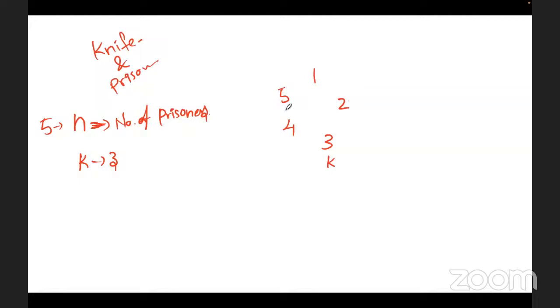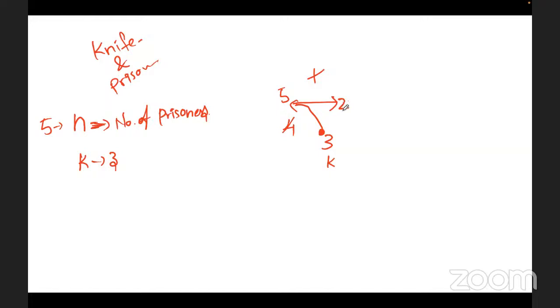Okay. So if I give the knife to 3, who will survive? So 3 kills 4 and passes to 5, right? So here is the starting point. Clear? So 3 kills 4 and passes to 5. 5 kills 1 and passes to 2.